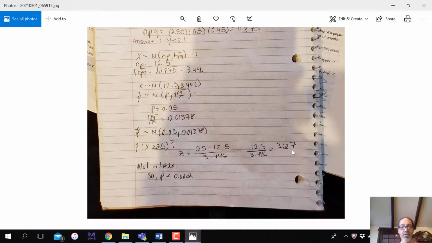All right, so now we go back to our table in the back of our textbook, which is Table B in the appendix on pages 542 and 543, and we need to find a value for 3.627. I'm looking at this table and it doesn't go beyond 3.4, so this value is not in the table.